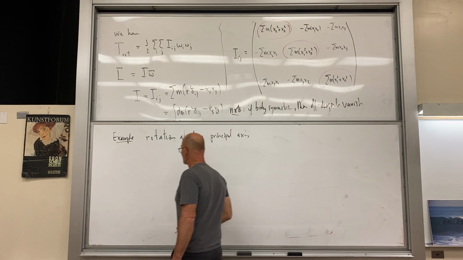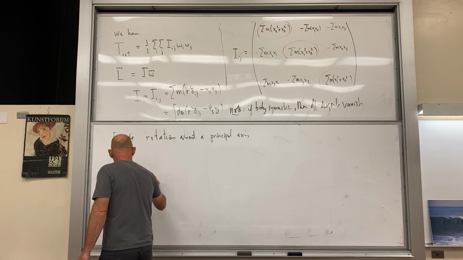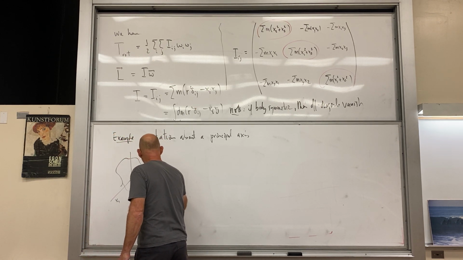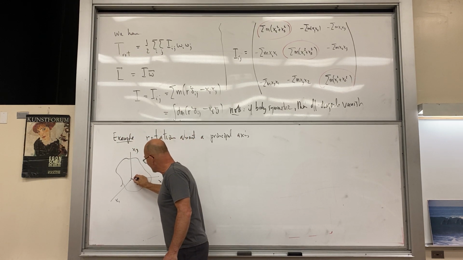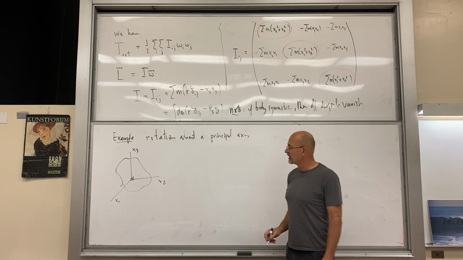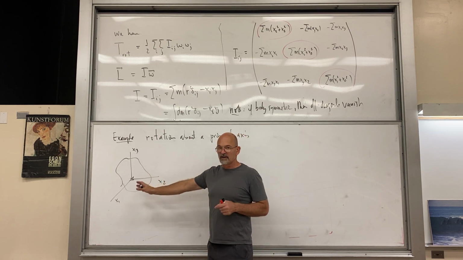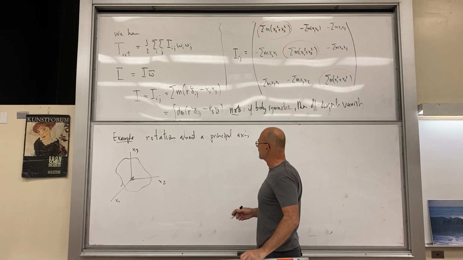So what we mean by that is that we have a body, and here's its body system, x1, x2, x3. We are requiring the origin to be at the center of mass, but as far as the mass distribution, we're not requiring it to be symmetric yet. So we have the full 3x3 tensor there.